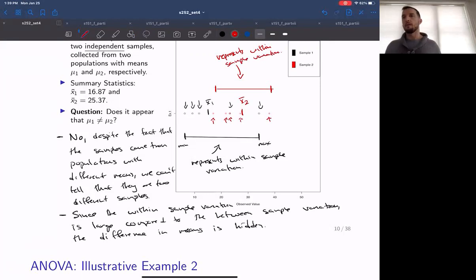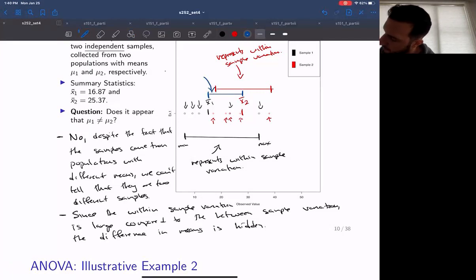Now what we're saying is the within sample variation is larger than the between sample variation. What is the between sample variation? Typically, we assess between sample variation by looking at the spread between the means. So we can say that the between sample variation is the difference or the spread between the two means here.